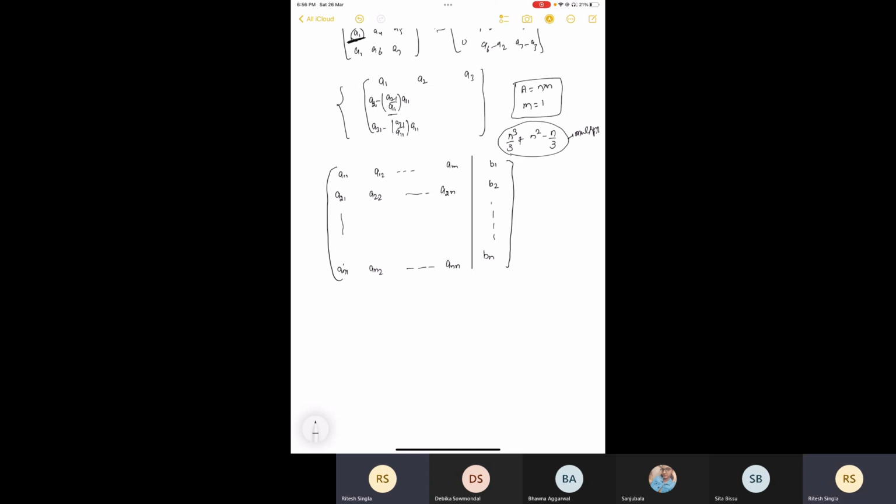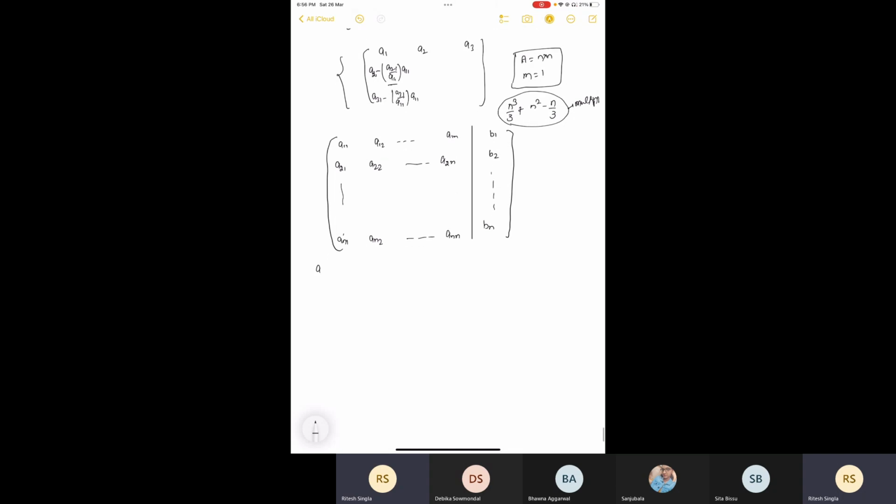For example, when ma'am did something of this sort in class, in doing the LU decomposition she must have assumed A11 to be non-zero, and then you get a new matrix where these entries are A22 delta and so on.